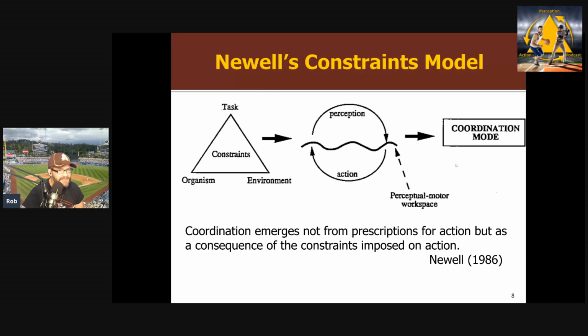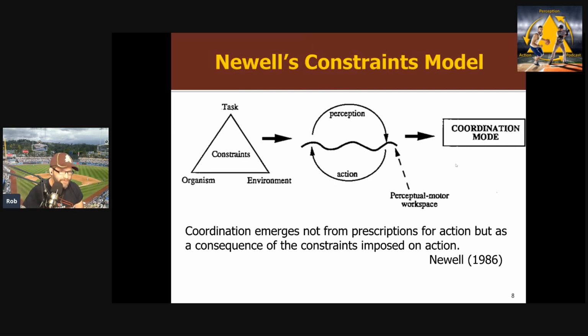The constraints guide us to a particular area in the solution space, and a particular coordination solution. That's Newell's idea, right? And there's this famous constraints triangle showing there are 3 different types of constraints, which I'm going to get into in a second. So constraints limit the areas of solution space we can fall into, right?